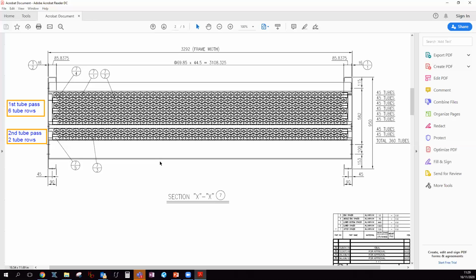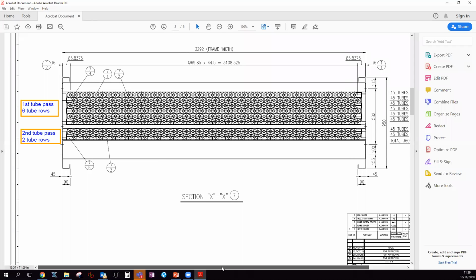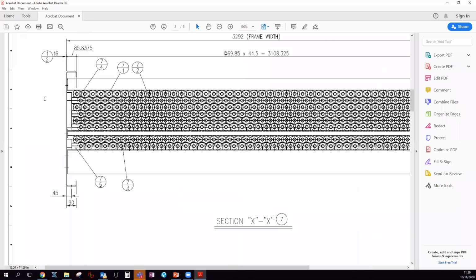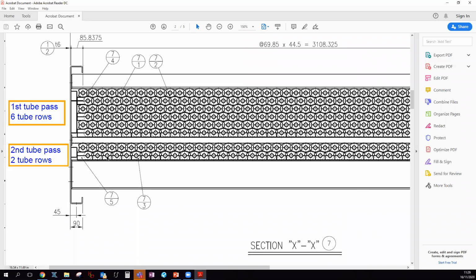So, this is the view of the air cooler from the side. We can see here we have two rows, 1, 2, 3, 4, 5, 6, 7, and 8. And we have 2 tube passes.